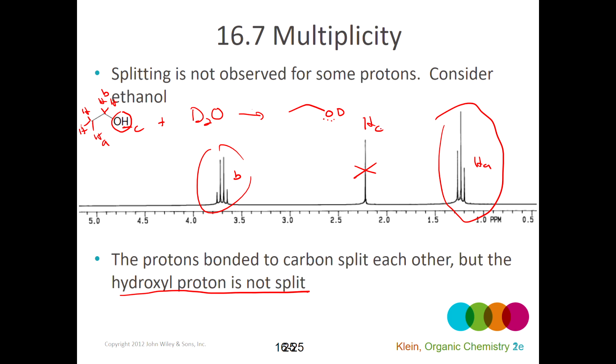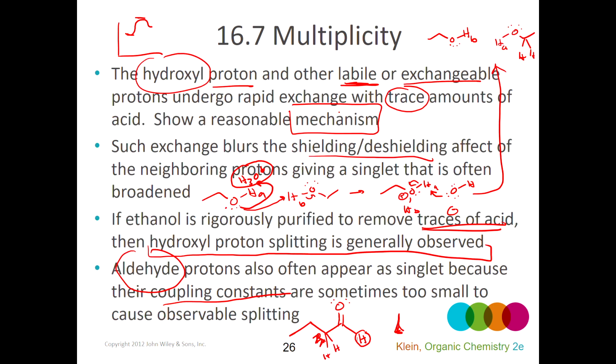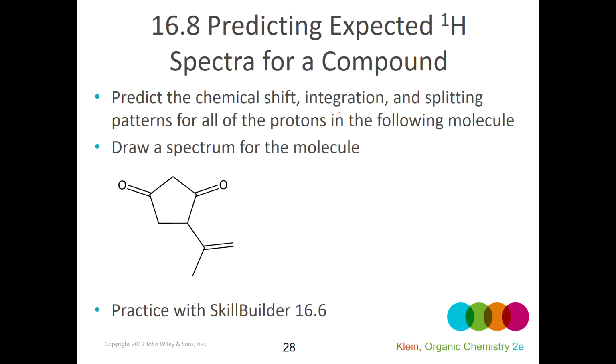Right? I only see that peak for the hydrogen if it's a proton. Deuterium's not detected in proton NMR. So if you're looking for a signal for a hydrogen that's bonded to a highly electronegative atom, if you're using a deuterated solvent, that signal might not be there. So that's another key detail that you want to be aware of.